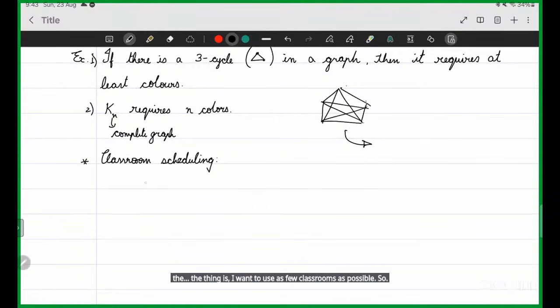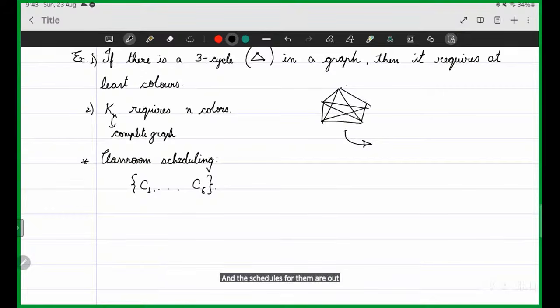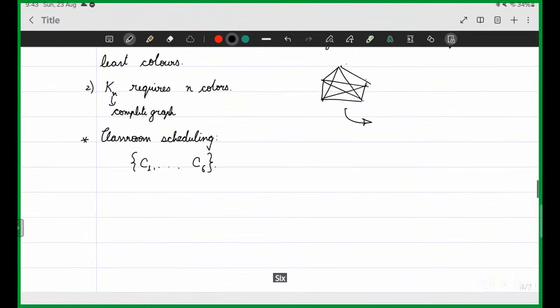Suppose I have 6 courses, C1 to C6, and the schedules for them are out. This one runs from 9 to 10, the other one from 9 to 11, whatever. Assume that data is given: 6 courses and their time slots are fixed.